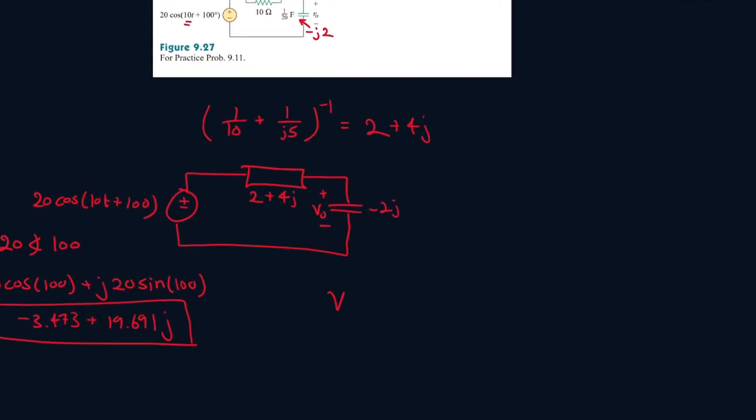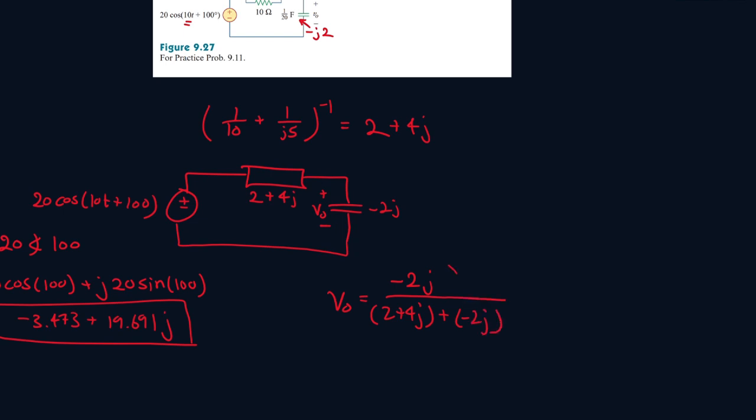To find VO, we can do some impedance division. We're looking for the voltage at this region, so let's do minus 2J all over 2 plus 4J plus minus 2J.